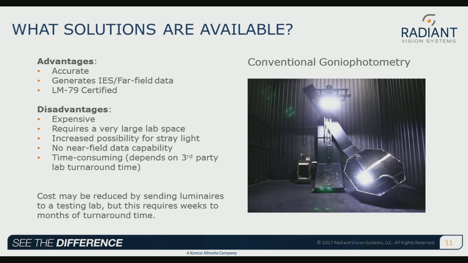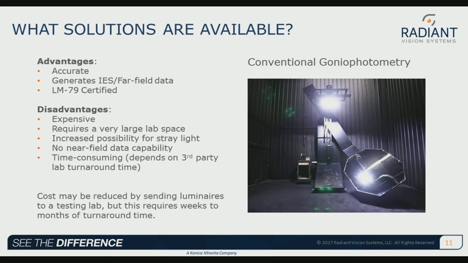Then there is an increased possibility for stray light because you are sending the light over such a large distance, and there's also a large mirror involved in this case. You must be very sure that your spot photometer at the other end of the room is not seeing any other light sources along the way, so typically you have to use some kind of baffling in order to achieve that.